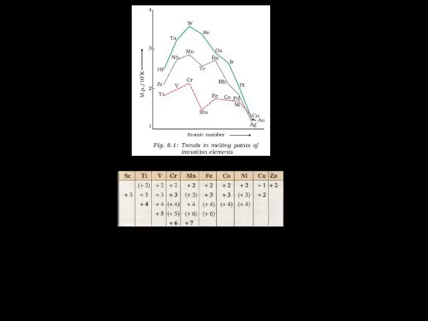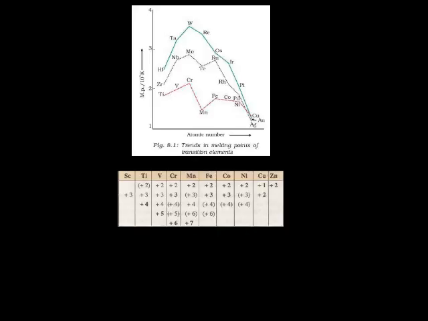You know that the transition metals have their valence electrons in ns and (n-1)d orbitals. The energy difference between these two orbitals is quite small. So, the electrons from both these levels can be used for bond formation. That is the reason why they exhibit a large number of oxidation states.